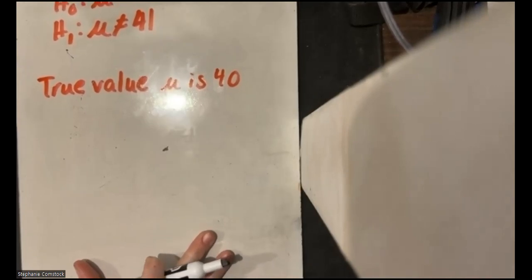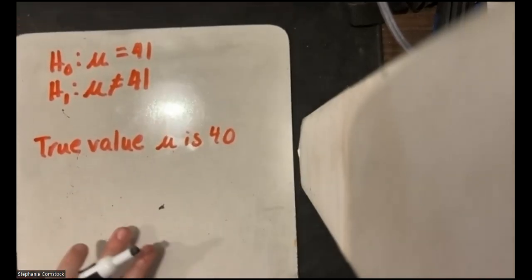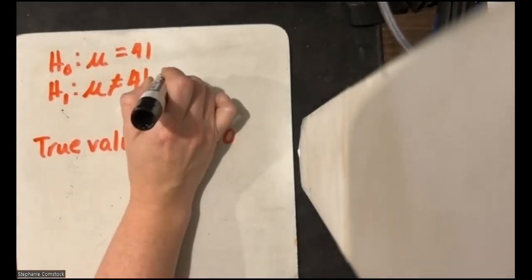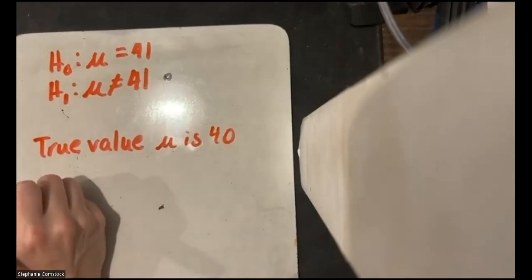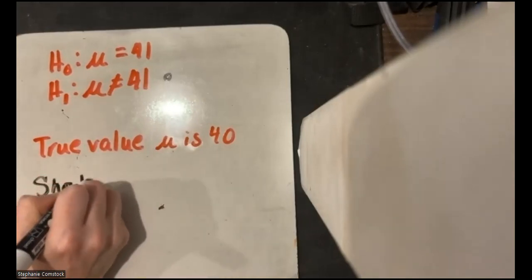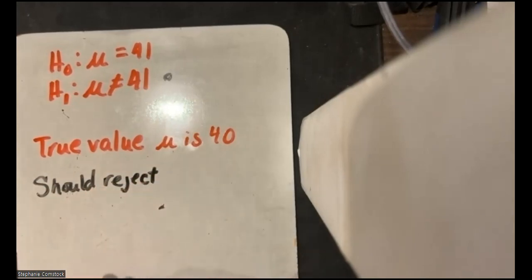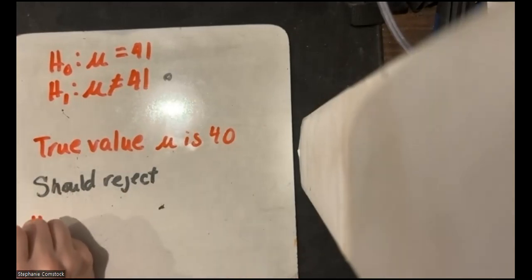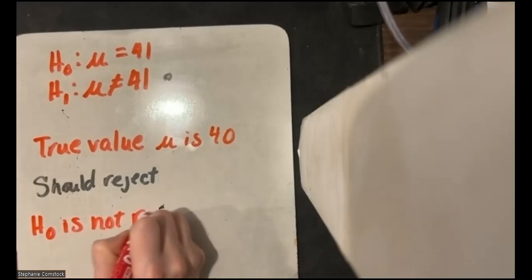Based on us saying that the true value is 40, this is where I should stick my answer. I should reject. But H naught is not rejected.